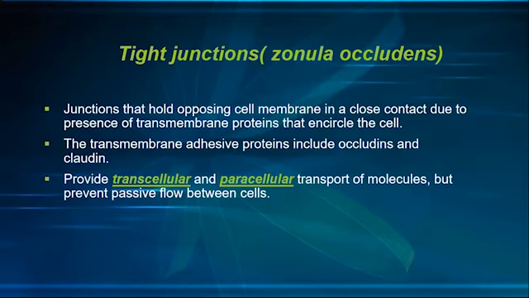So all you need to remember in the case of all of the cell junctions is the name of the transmembrane protein, cytoplasmic protein and the cytoskeletal protein, and then you need to know the specific function of that particular cell junction.